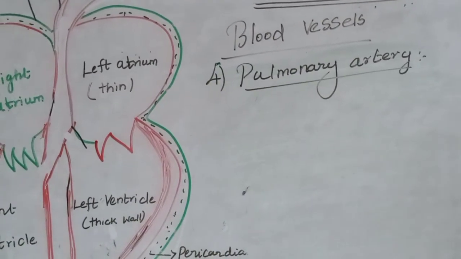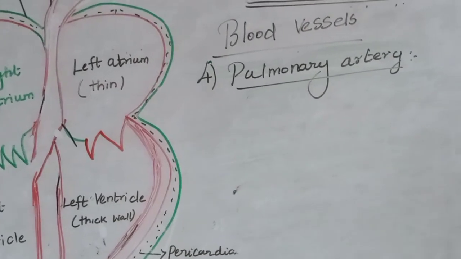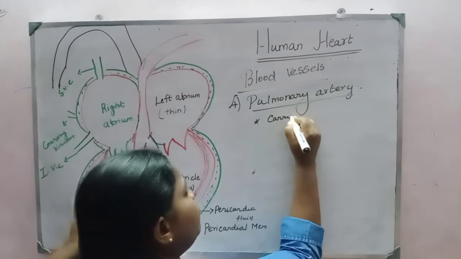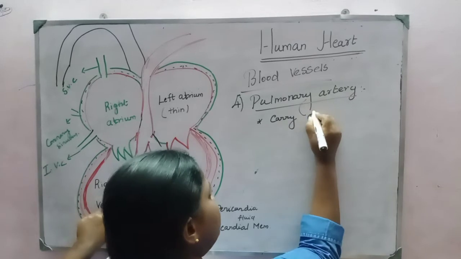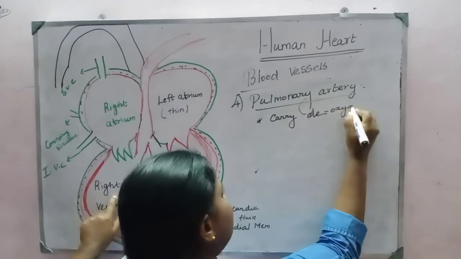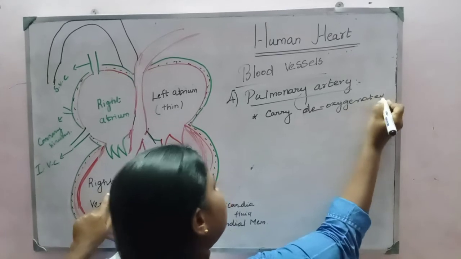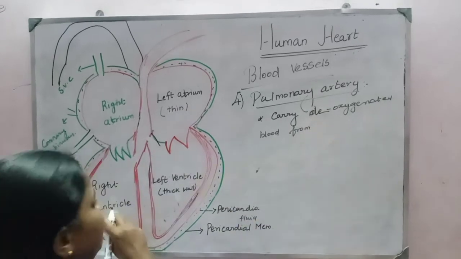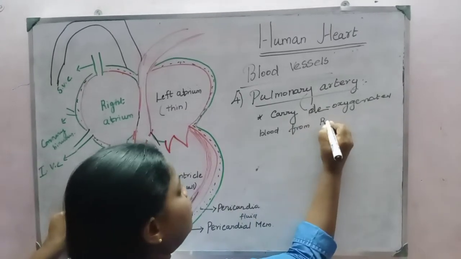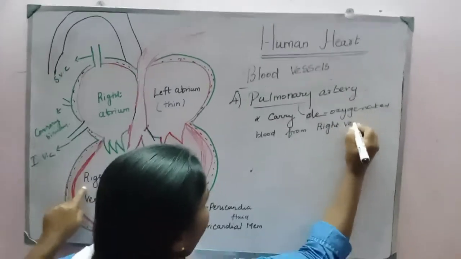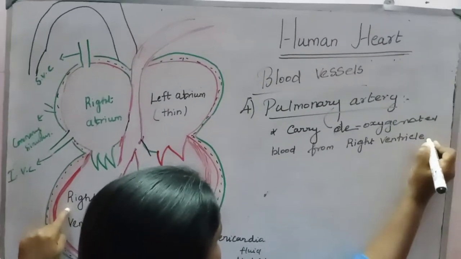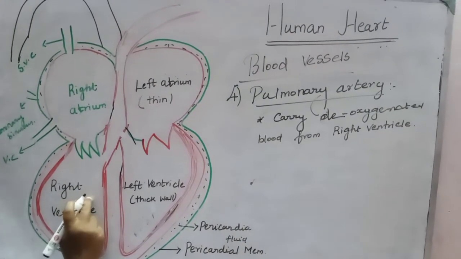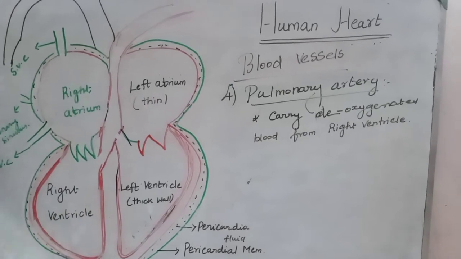So, the pulmonary artery carries deoxygenated blood from the right ventricle.